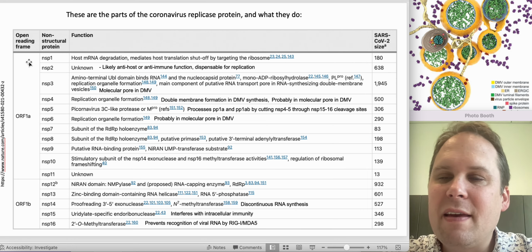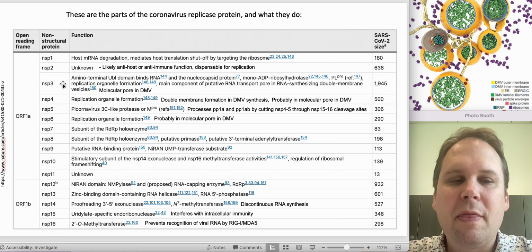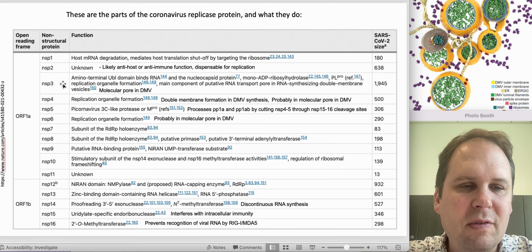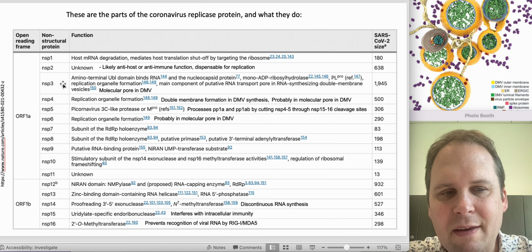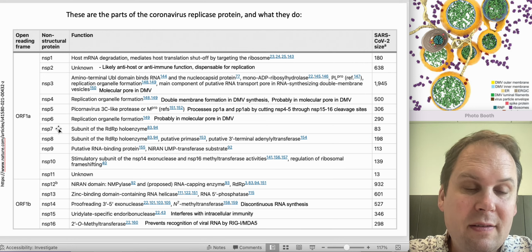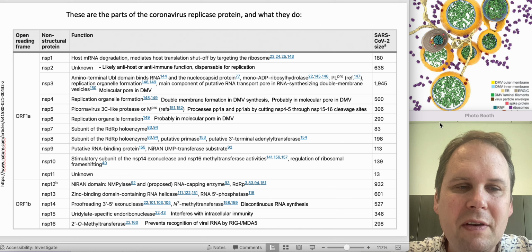Broadly speaking, if we look at these, NSP 1, 2, 3, those are mainly there to shut down some component of the host immune system. They're basically paving the way for the virus. 3, 4, 5, 6, those are making these replication factories.